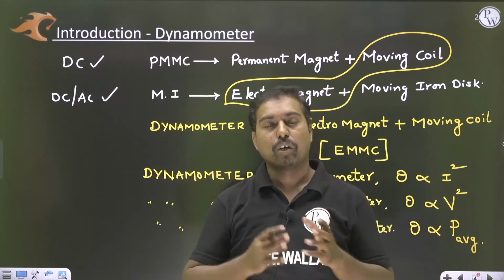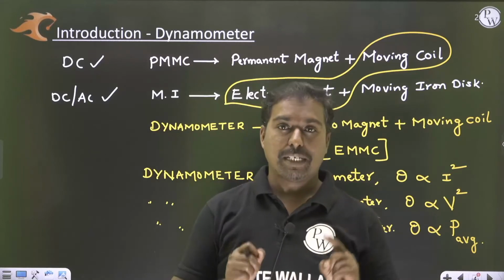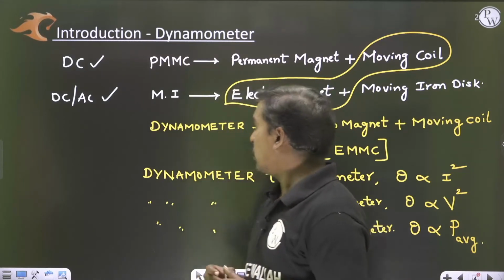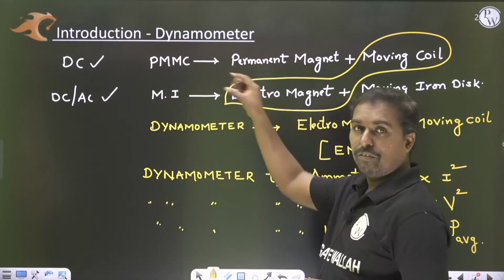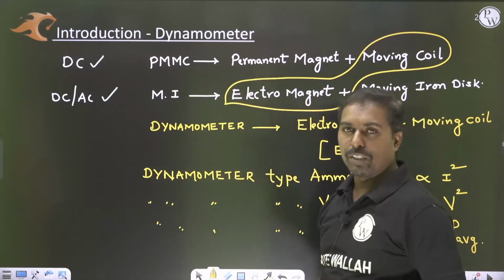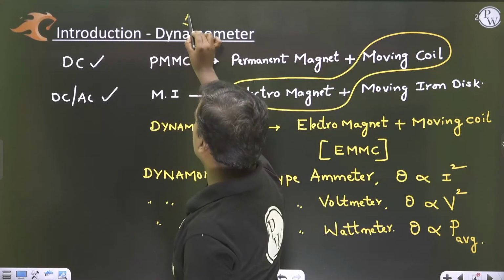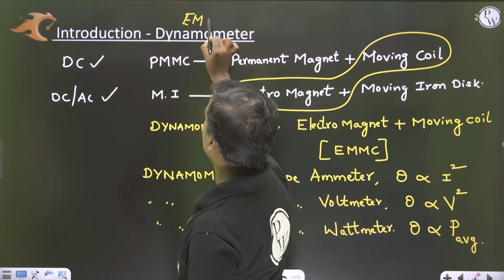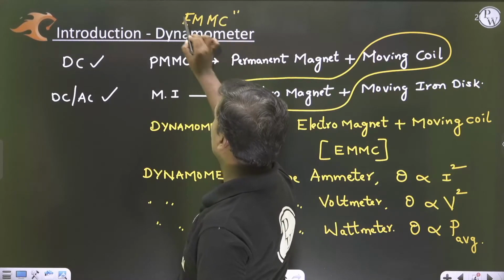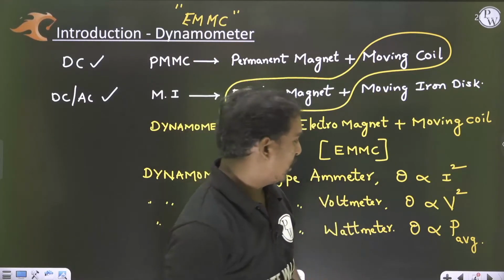That's why exclusively for power measurement we are using a single meter, but it takes certain features like electromagnet from the moving iron instrument and moving coil from PMMC. Together the dynamometer is also called the electromagnet moving coil type instrument.